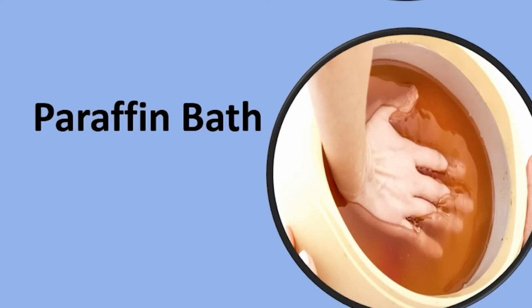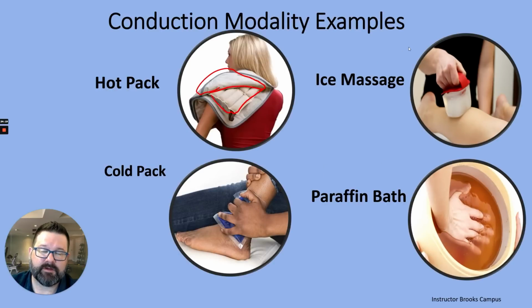Finally, we have paraffin bath. Paraffin bath is simply a slow cooker full of wax, and the patient is able to dip their hand or appendage into the wax. Sometimes you'll do multiple layers and let it cool, dip it again, let it cool until we have a buildup of wax on the hand. Once the wax is cooled, you can peel it off, wash your hands.